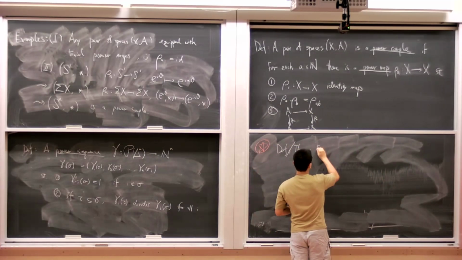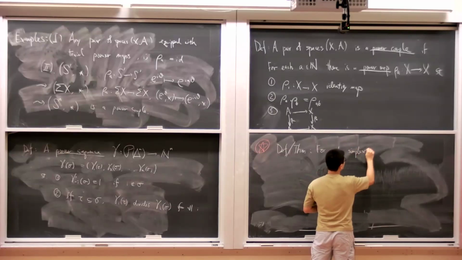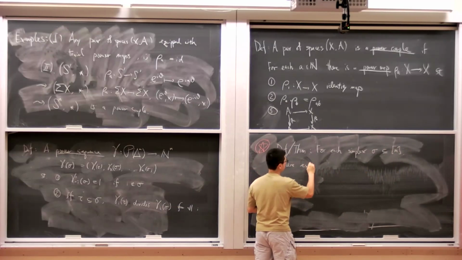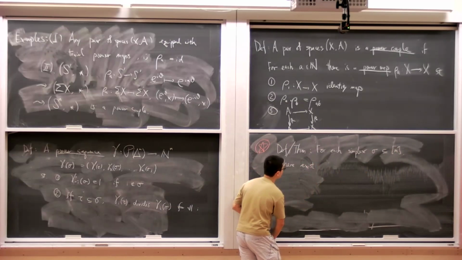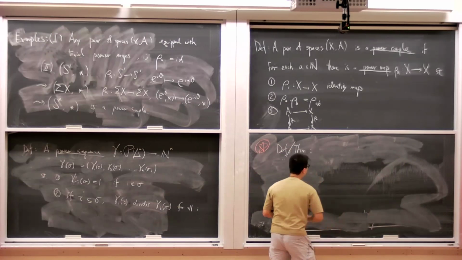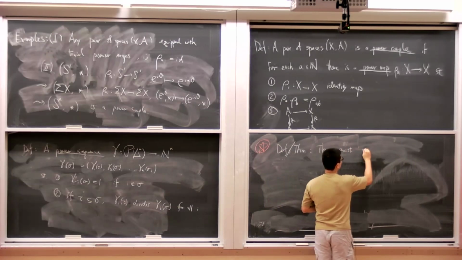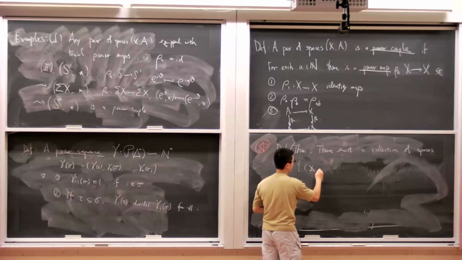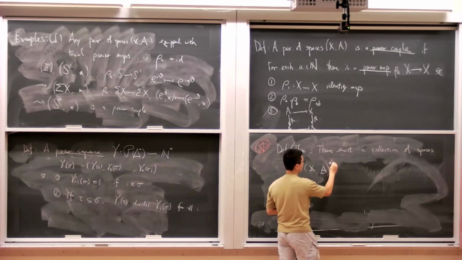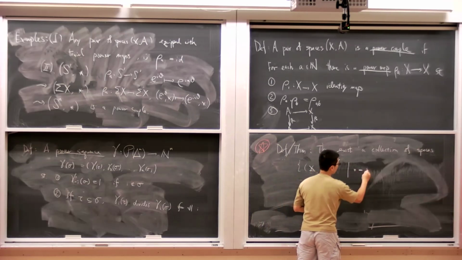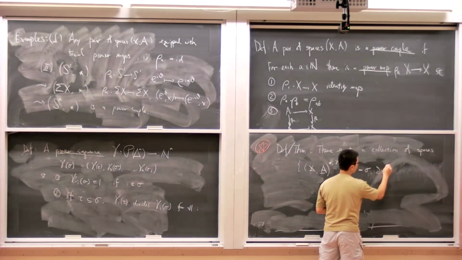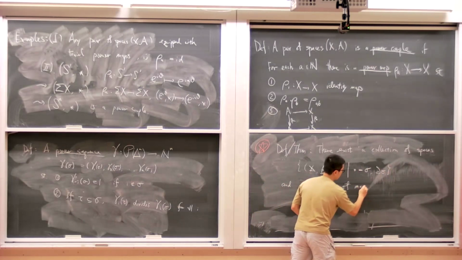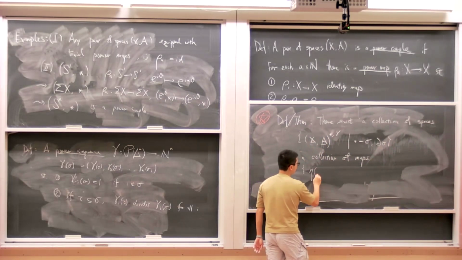For each simplex sigma in M, there exists a collection of spaces that we denote by X A dot gamma, where dot can be any simplex sigma, or it can be the boundary of sigma, and a collection of maps that we denote by eta dot.